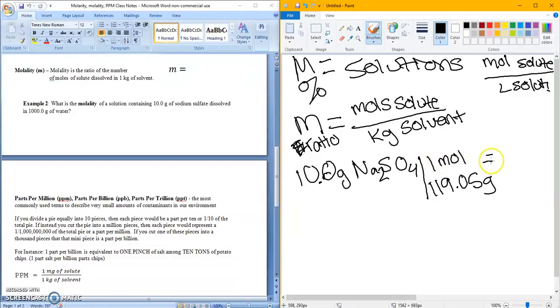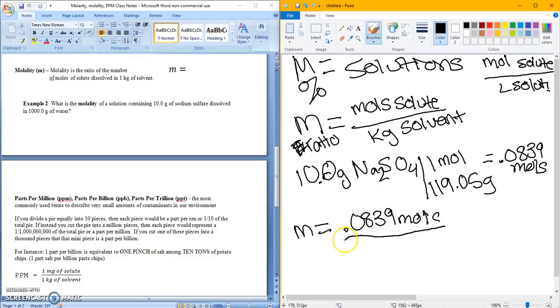And I'm going to calculate that out, and I find out that I have 0.0839 moles of sodium sulfate. Okay, so for the molality, I put my moles on top, 0.0839 moles of solute, correct, over kilograms of solvent.